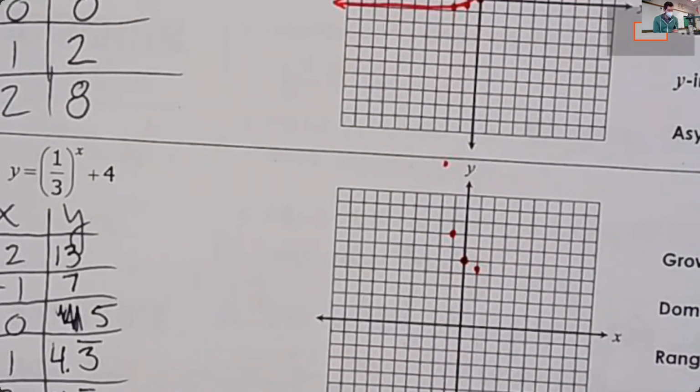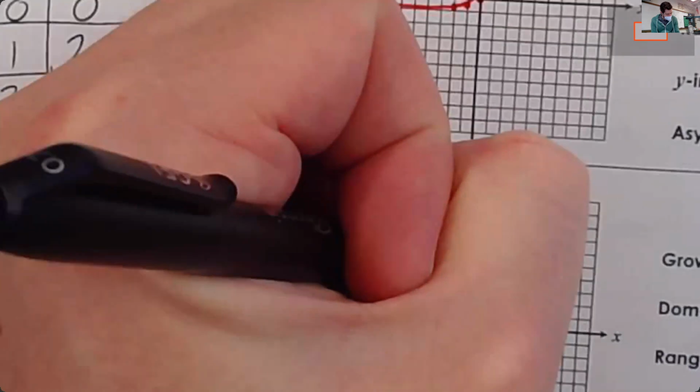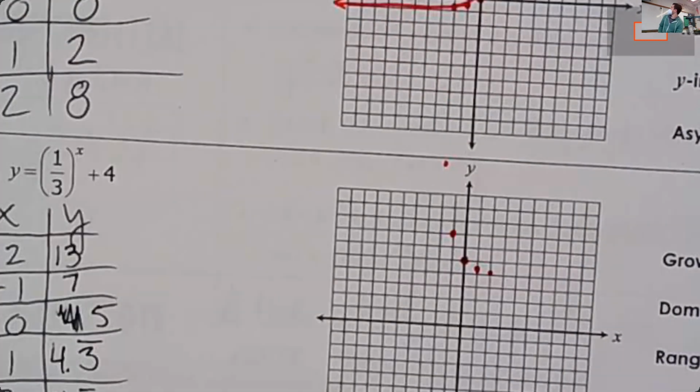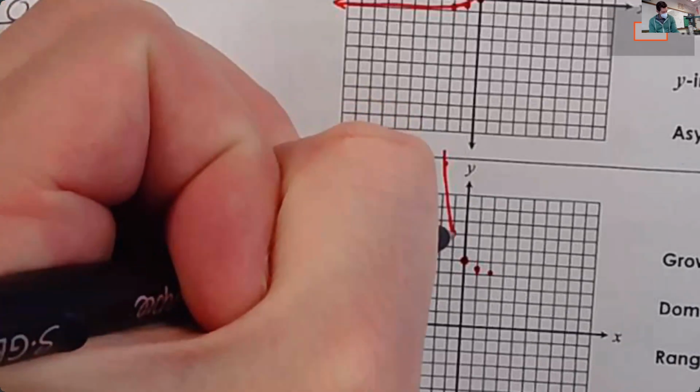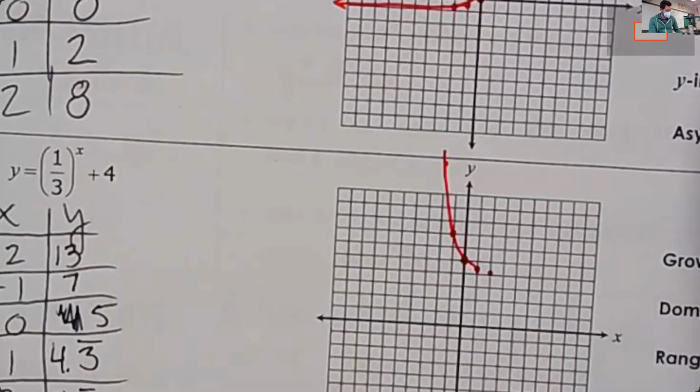And then we've got 2 and 4.1, which is just above 4. So we have our exponential decay here. And it's coming down, and it ends up turning. About like that.